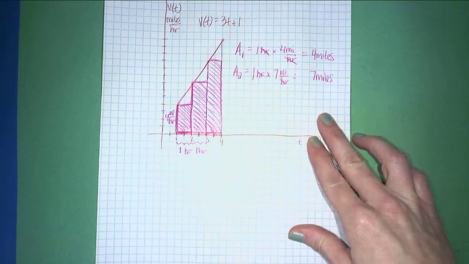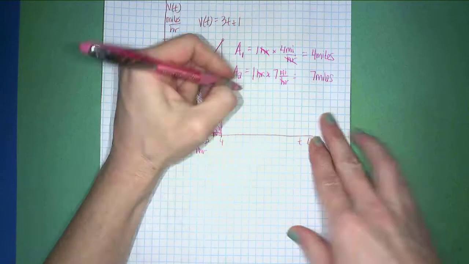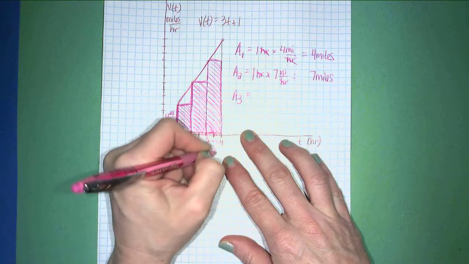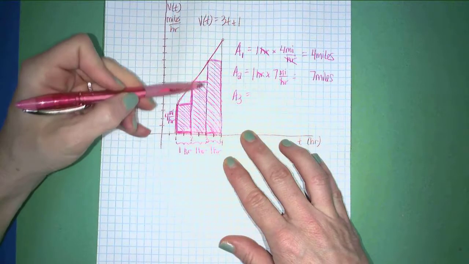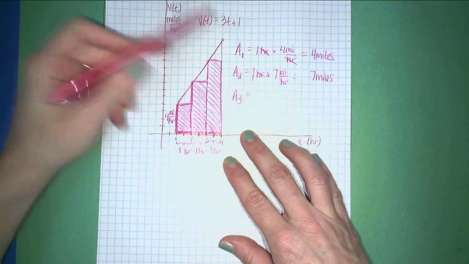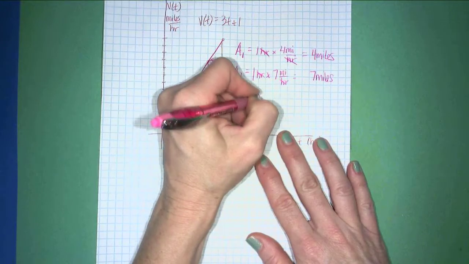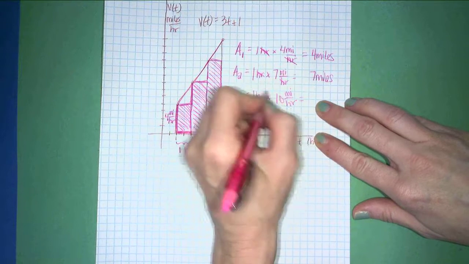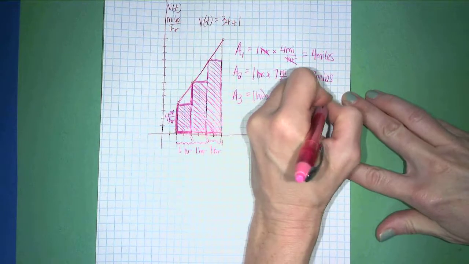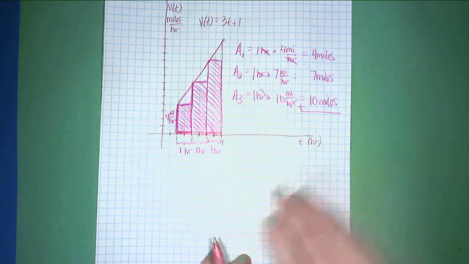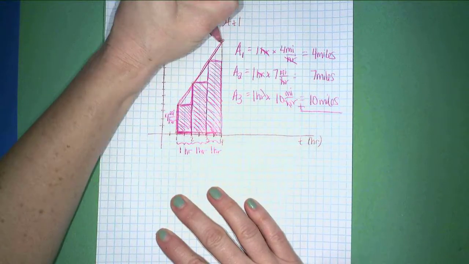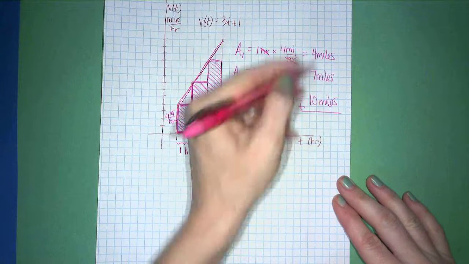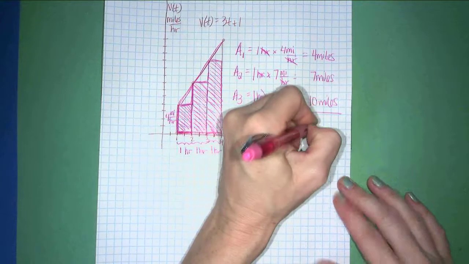Finally, area 3 is another hour times this height, v of 3, which is 10. So 1 hour times 10 miles per hour is 10 miles. If I add these together, this car traveled 21 miles in that time frame.